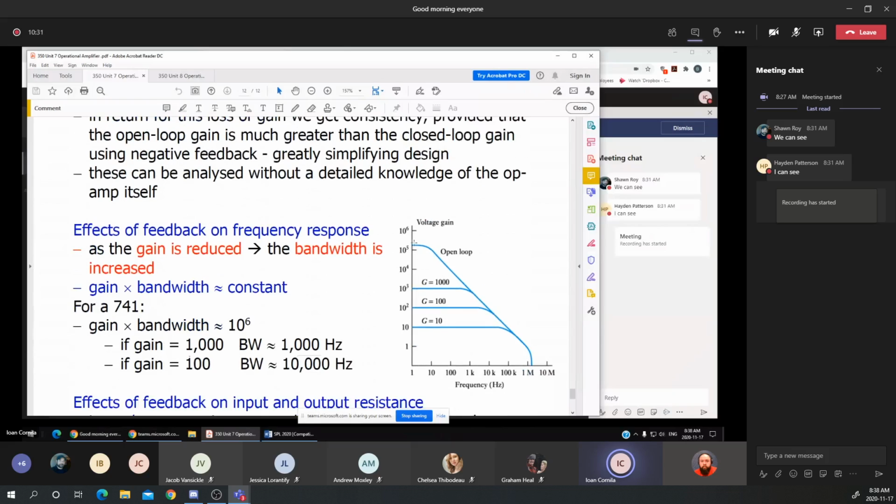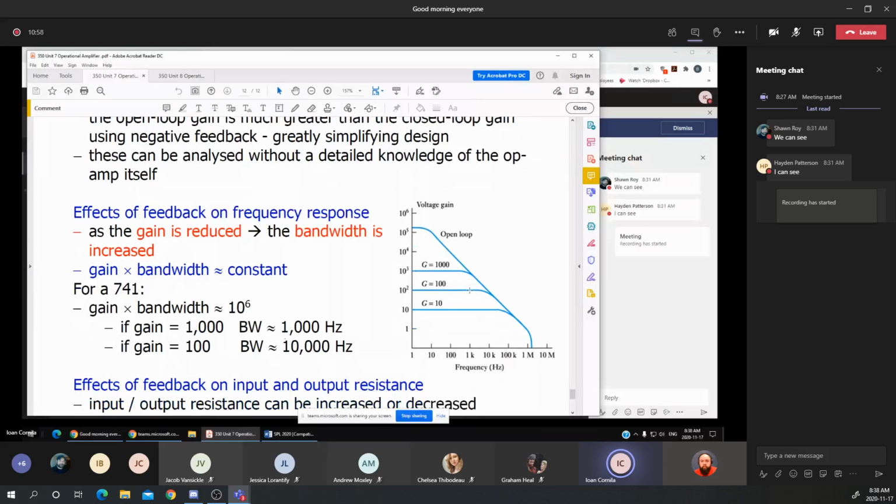I mentioned that the bandwidth or the frequency range of the op-amp is pretty large, but there is a limitation: the gain we use for a certain circuit will limit the bandwidth. Suppose that we need a constant gain for a circuit applied at, let's say, 100 or 1,000 hertz.